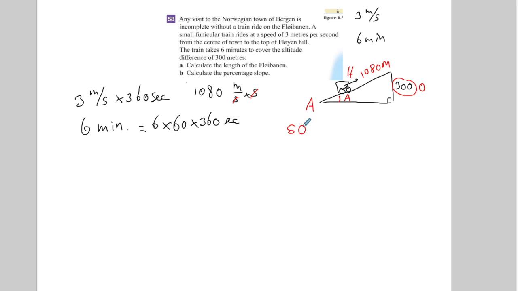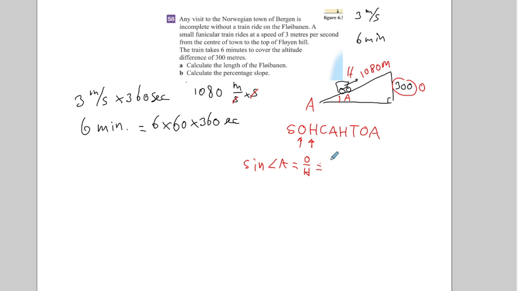And if I look to my little reminder, SOH CAH TOA, I know that I do have my O and my H. So I need to use my sine. So the sine of angle A is equal to opposite divided by my hypotenuse.